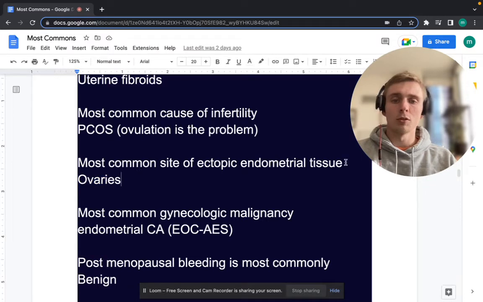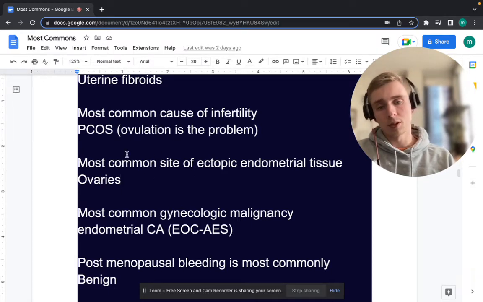Some of the proposed mechanisms of endometriosis include retrograde menstruation. When you menstruate, there's actually an opening into the pelvis, which is the fimbriae, as they attach to the ovary and open up into the pelvic cavity. So when we menstruate, the endometrial tissue can go backwards up the fallopian tubes and out into the pelvis.